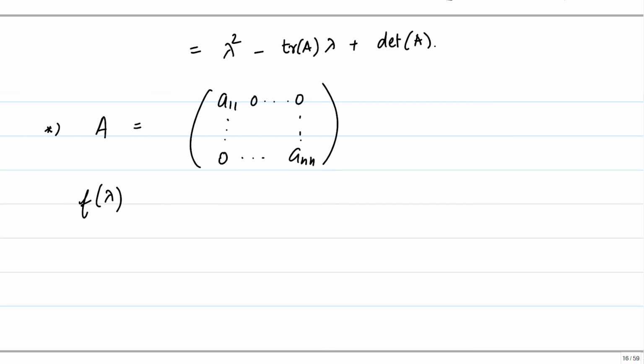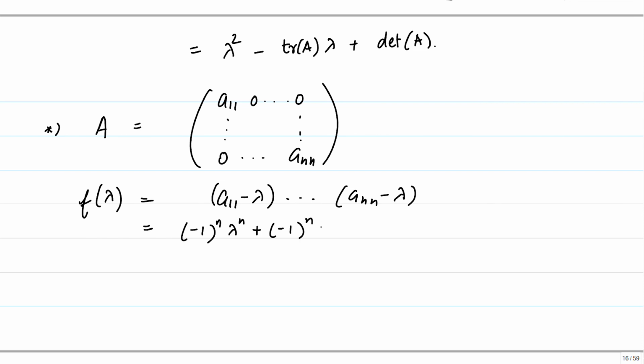Then f of lambda is just a11 minus lambda up to ann minus lambda, which we have already noticed is minus 1 to the power n times lambda to the power n, plus minus 1 to the power n times a11 plus up to ann times lambda to the power n minus 1, plus the constant term, which is very clear. It will be a11, a22 up to ann, which is exactly the determinant of the matrix A.